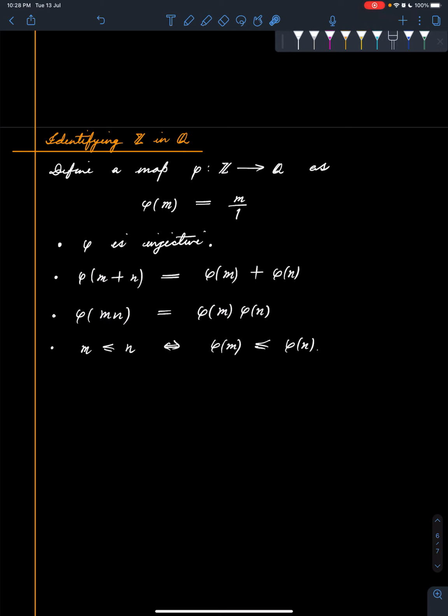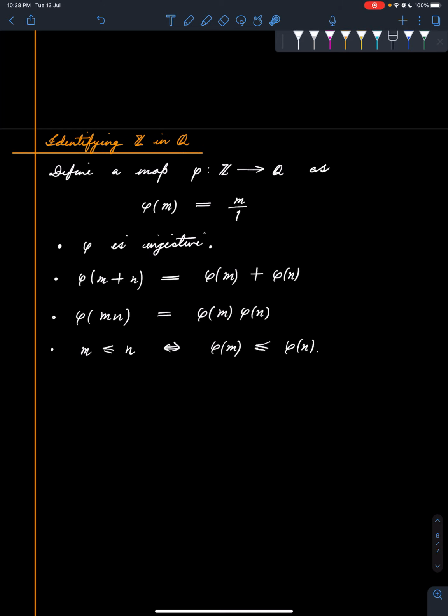And now we will not put a fine print on this point. Now we'll be treating these things just like we did in high school. So when we write m, we may, without any qualification, think of it as a rational number whenever we want, and without any qualification, we may think of it as an integer, and we will not make mention of this map phi every time.